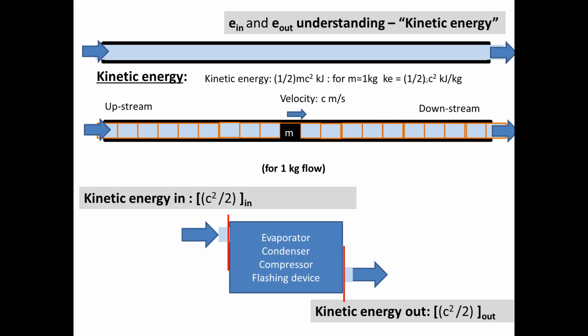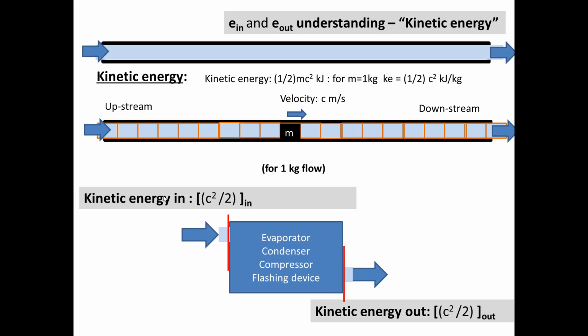Kinetic energy c squared by 2 in, c squared by 2 out, because it's a flow in, flow out. Associated kinetic energy c squared by 2 at in, c squared by 2 at out, because in and out may have different velocities. Okay, so it's not the same, but mass flow rates are the same when the flow is steady.